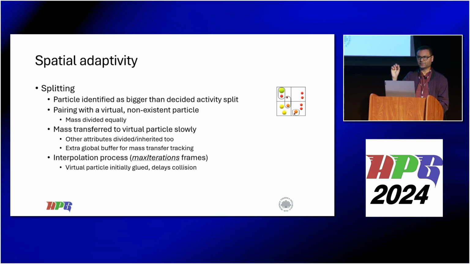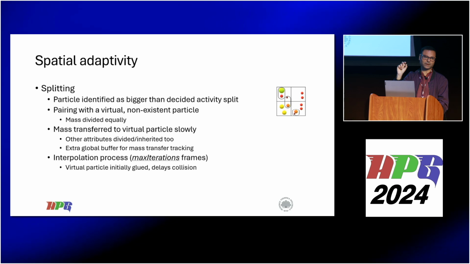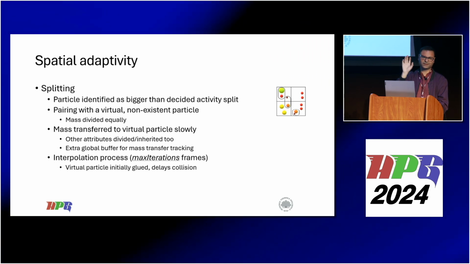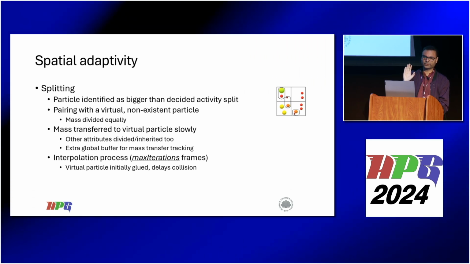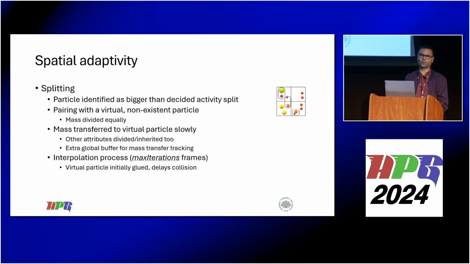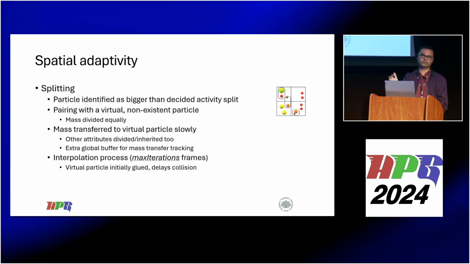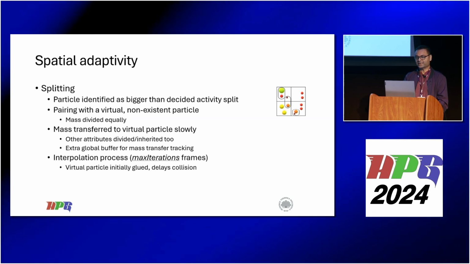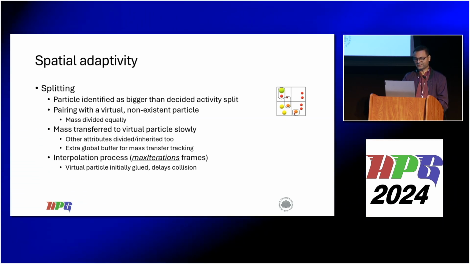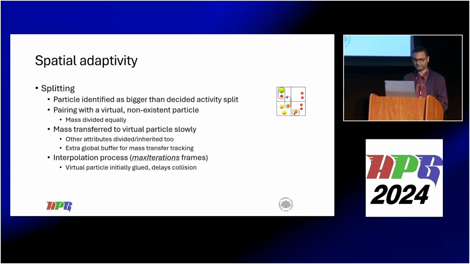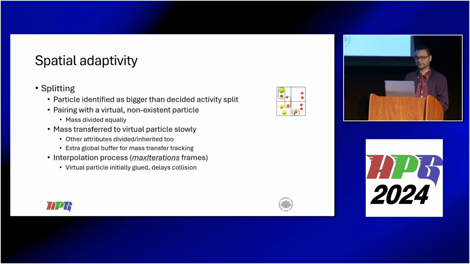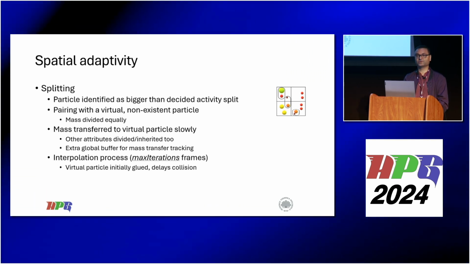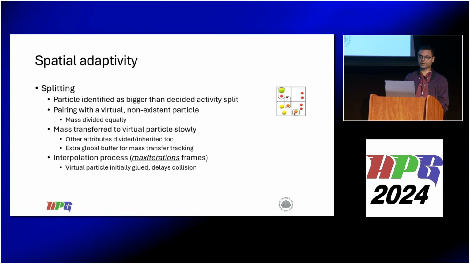Slowly, mass is transferred from the big particle to that small virtual particle, and this virtual particle is moved away during these max iterations, and all the attributes, like mass, are also equally divided between those two particles. For that we need an extra global buffer, which we did not need in the case of merging. And some other considerations have to be made, which are mentioned in the paper, like delaying collision.